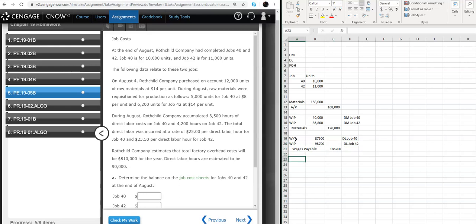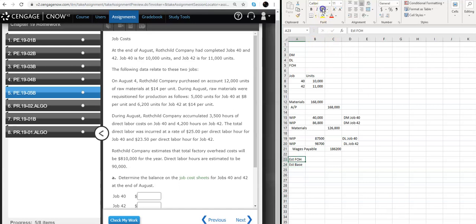All right, so we'll probably need to take care of factory overhead next. Rothschild Company estimates that total factory overhead costs will be $810,000 for the year. Direct labor hours are estimated to be 90,000. So they're giving me the amount that I need to use to calculate my predetermined manufacturing overhead rate, because that rate is estimated factory overhead divided by estimated base.